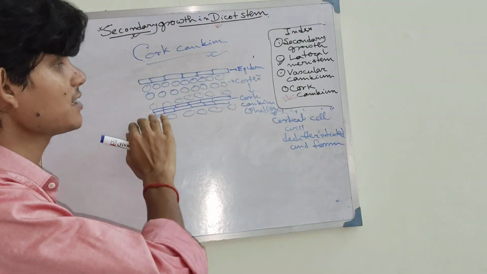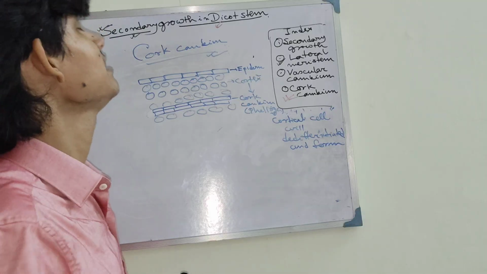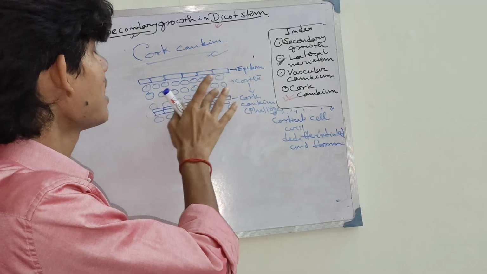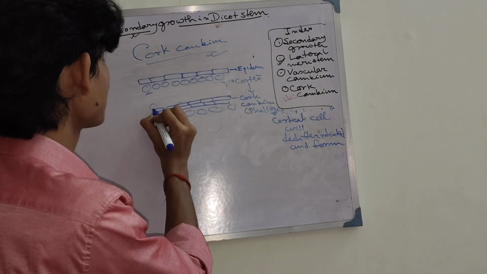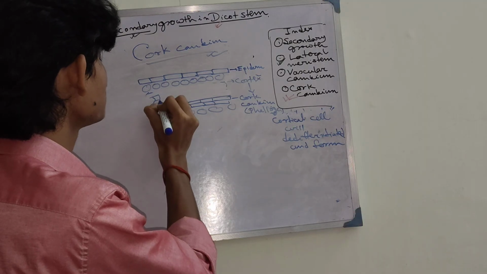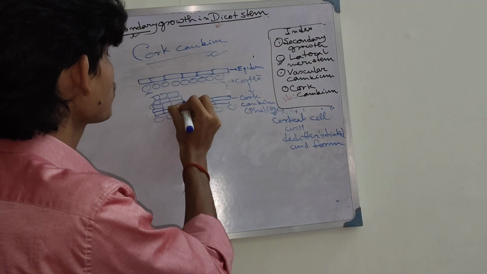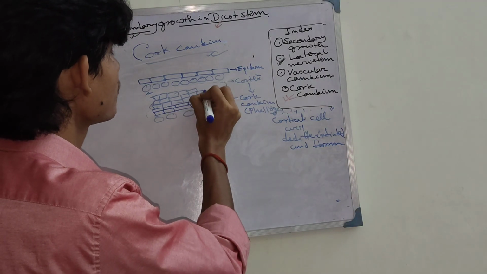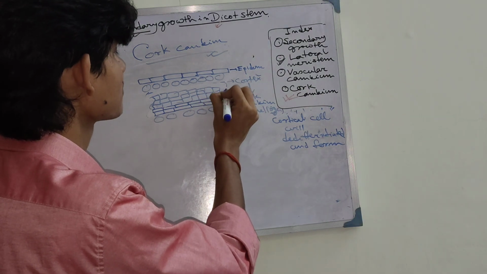This cambium also has bifacial activity, meaning it will cut off cells in two directions. At the outside they will produce cells named cork cells, or phellem cells.